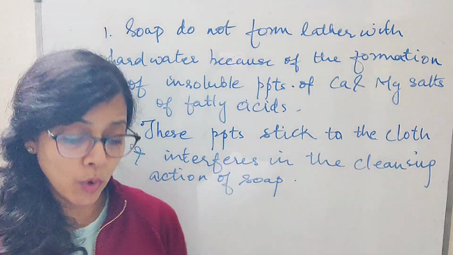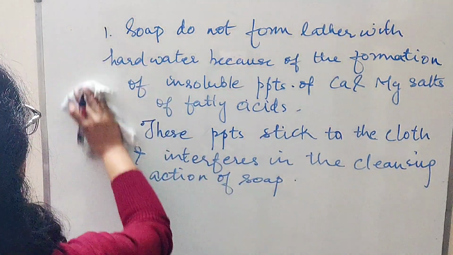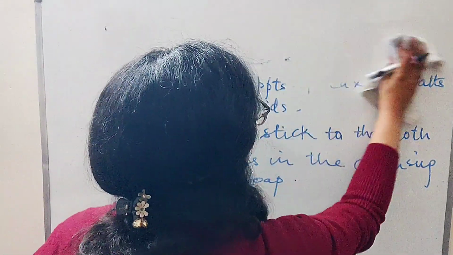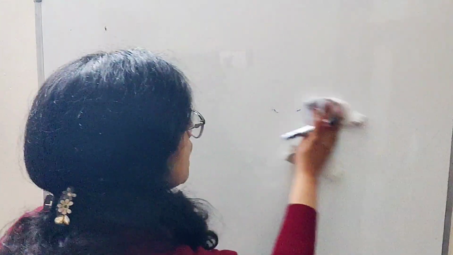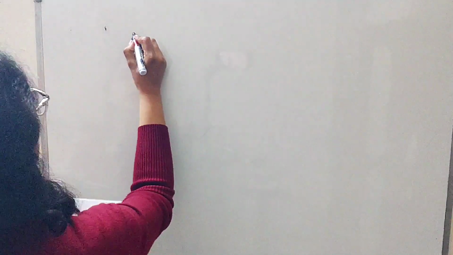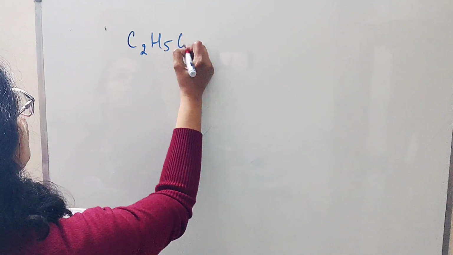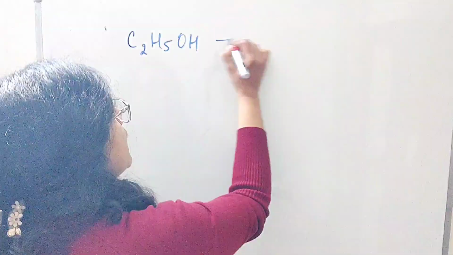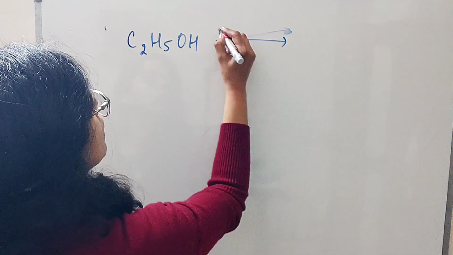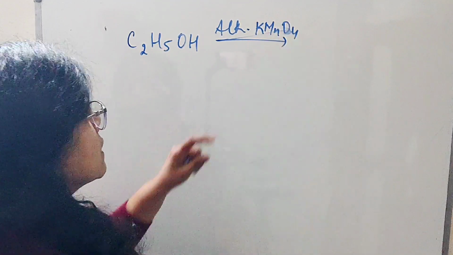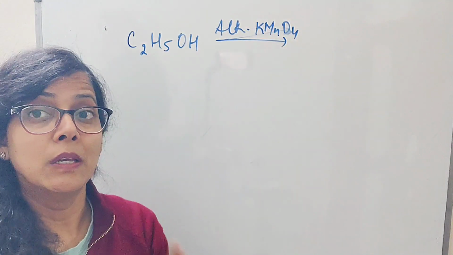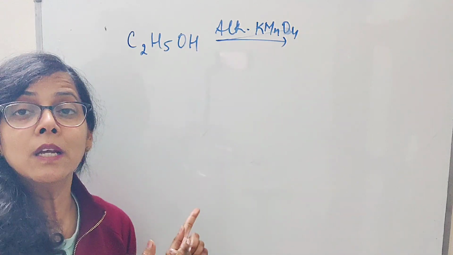Then what will happen? Alkaline KMnO4 is a very strong oxidizing agent. So we are adding it to ethanol. What is ethanol? C2H5OH. Now we are adding alkaline KMnO4 to it. It will oxidize ethanol to ethanoic acid.